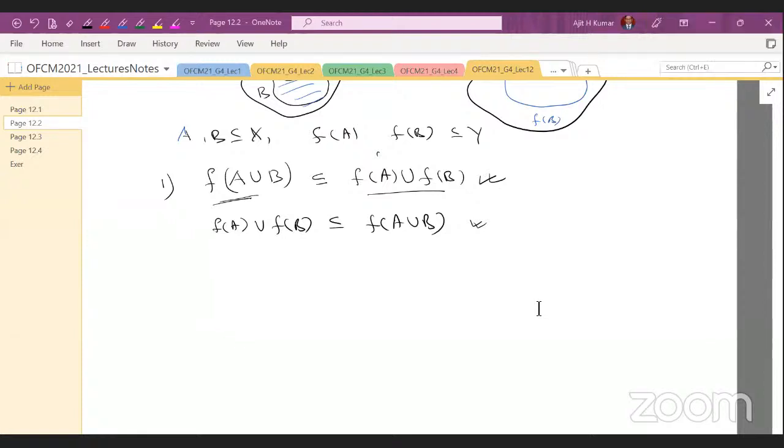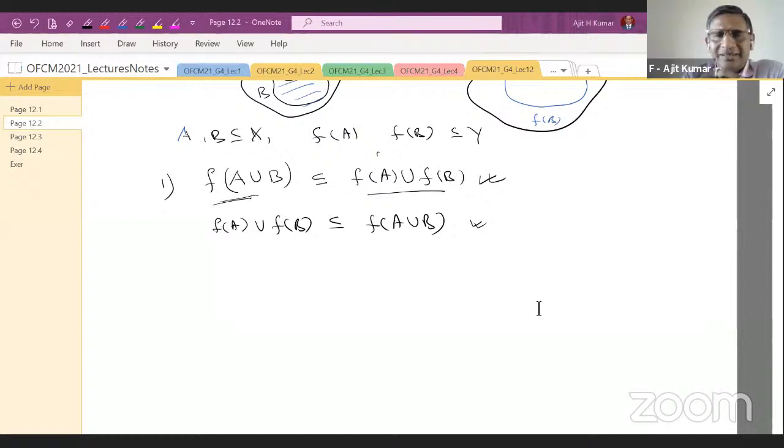Sir, let y be an element of f of A. No. We don't want to go through that. I said, can you use what we have already proved? If A is a subset of B, then f of A is a subset of f of B. Using that, can we conclude from this? What you are saying is not incorrect. One can show that.